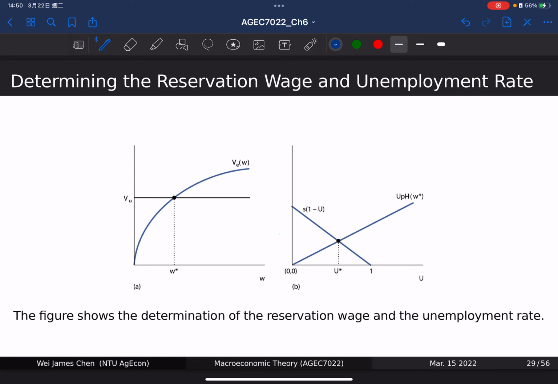Okay, so graphically what I have is this figure. Again, we rewrite this as U of W, this as R times V of U. This will determine the W star. And the W star is inserted into this 1 minus F of W star.